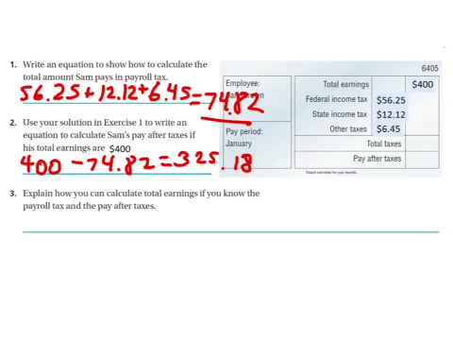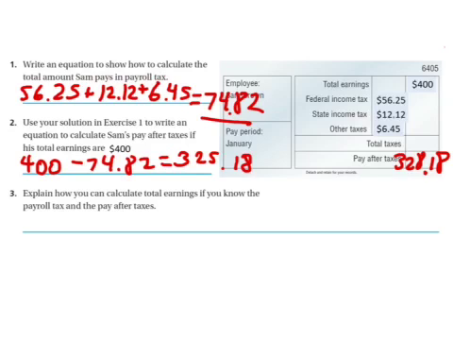So for number 3, it asks us to explain how you can calculate the total earnings if you know the payroll tax and the pay after taxes. So the pay after taxes is $325.18.